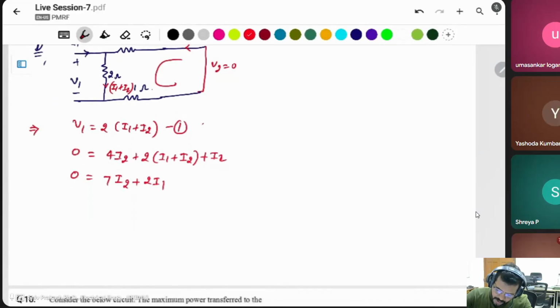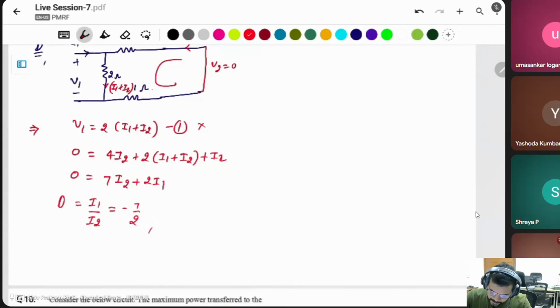No need actually for this equation also. The D parameter, D is equal to I1 by I2, is minus 7 by 2.